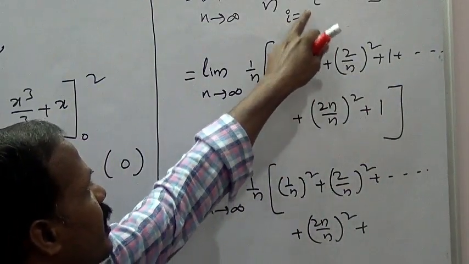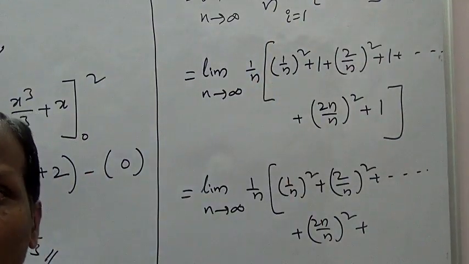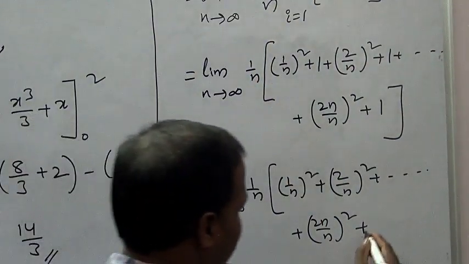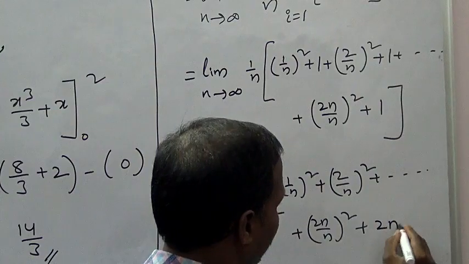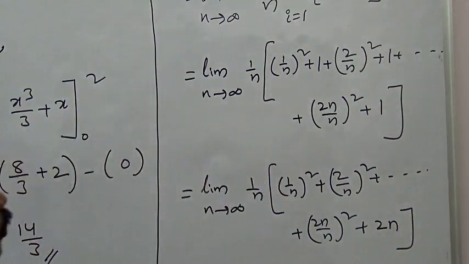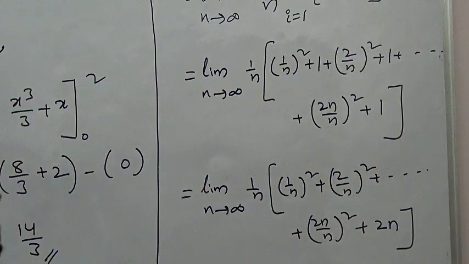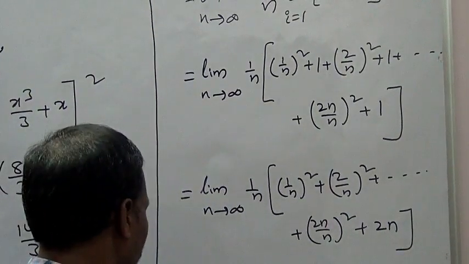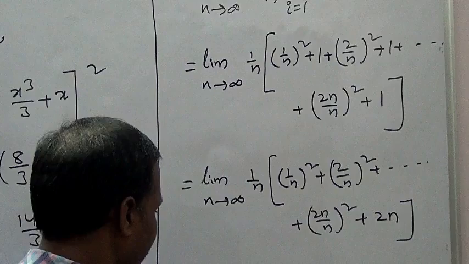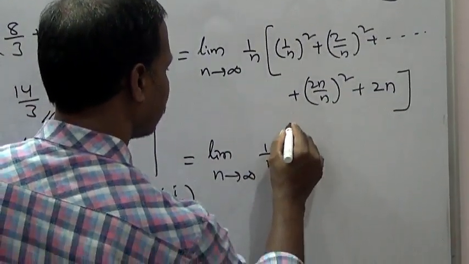The summation is from i equal to 1 to 2n, so there are 2n ones. So we will get plus 2n here. Understood?